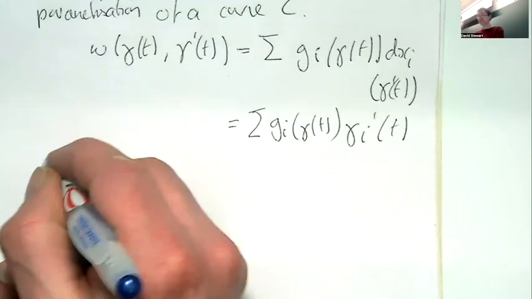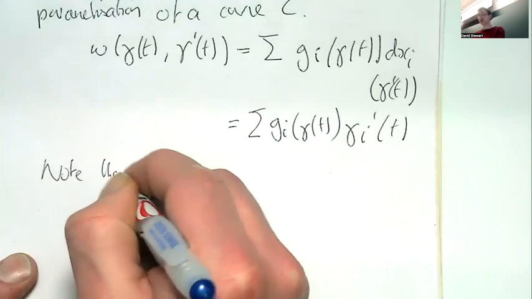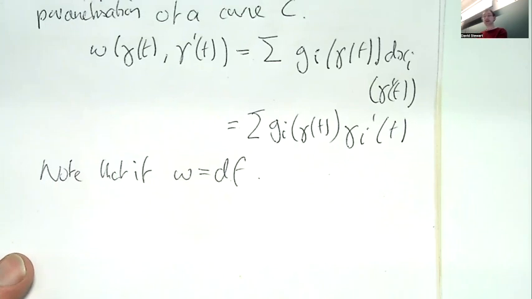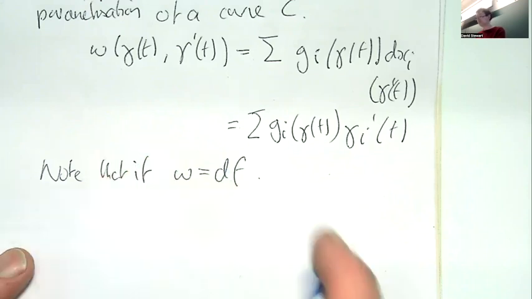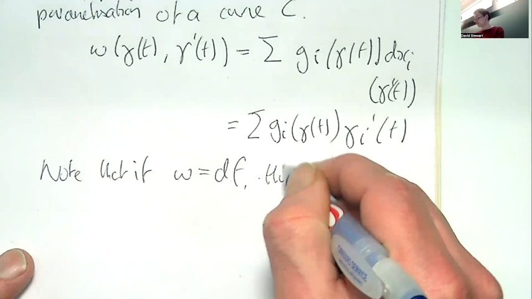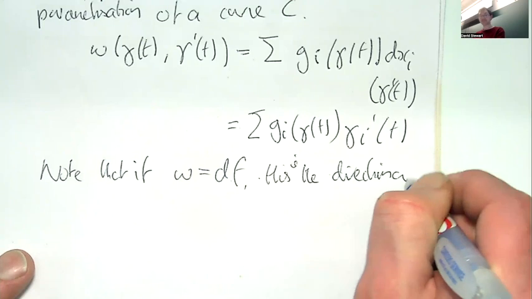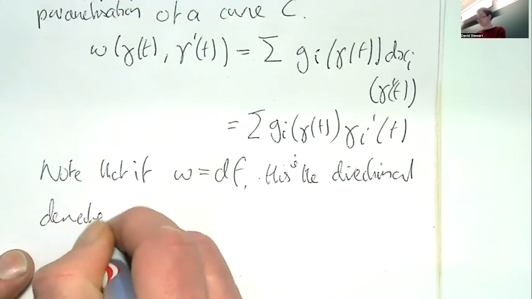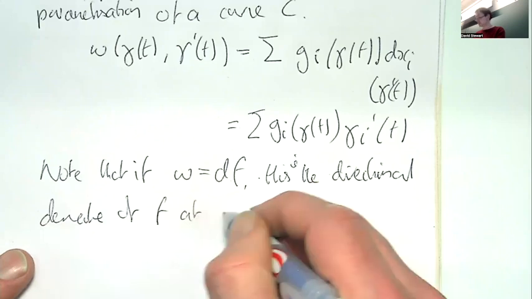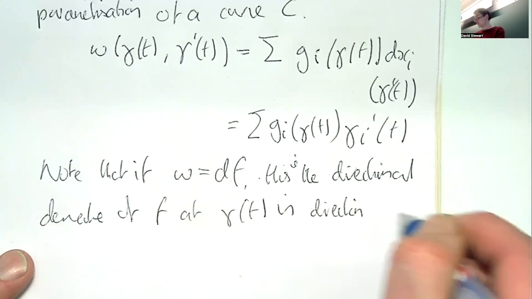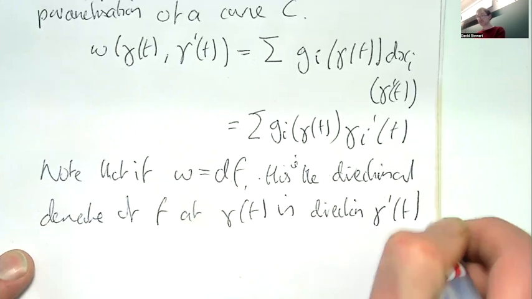Right, so note that if omega is actually equal to the differential of some function, a zero form, this is the directional derivative of f at gamma of t in the direction gamma dash of t.